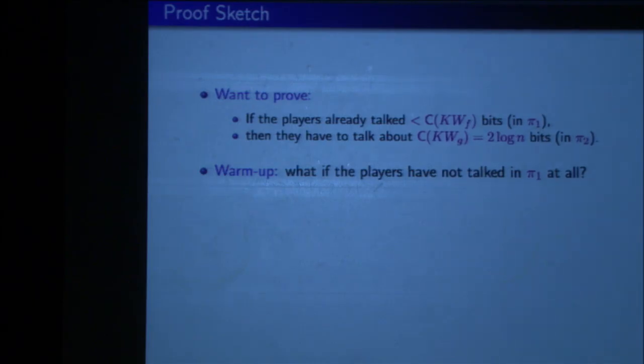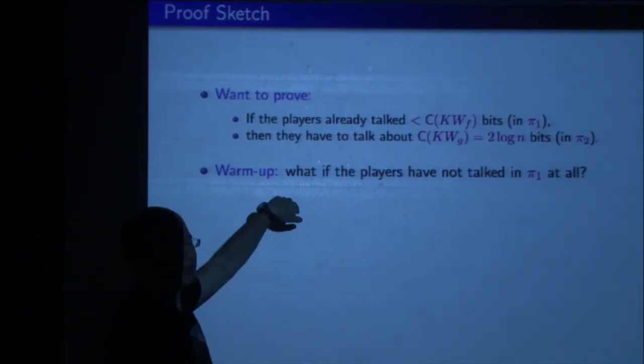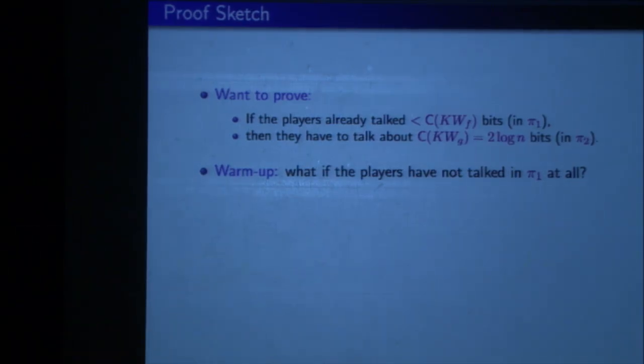So as a warm-up, let's ask, can we prove the second item if the players have not talked at all in pi 1, in the first stage? So let's see what happens in this case.